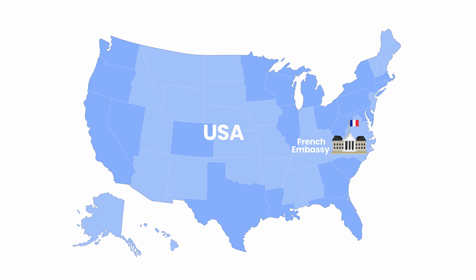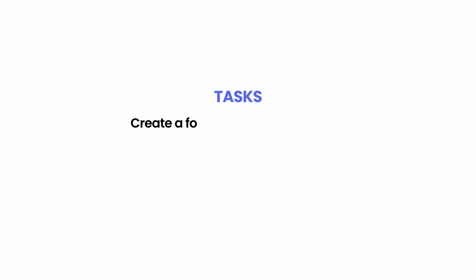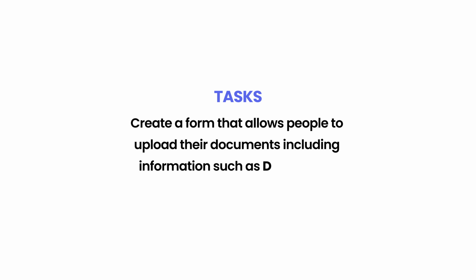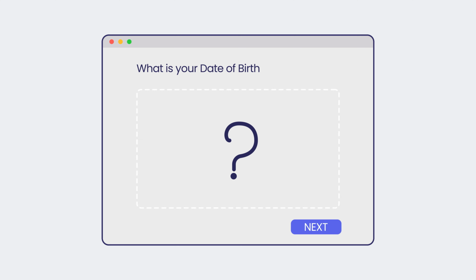To better understand how to design transactional experiences, I'm going to give you a very simple example. Let's consider that you work in the French embassy in the United States. You are now tasked with creating a form that allows people to upload their documents and include information such as their date of birth. So the question for you is, how would you accept the date of birth?